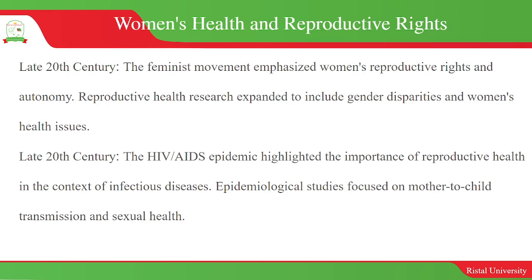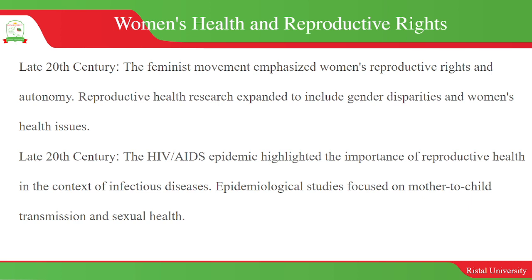Now, in the late 20th century, the understanding that women should have their reproductive health rights respected, and should be able to make their own decisions about matters pertaining to reproductive health, started to take shape.